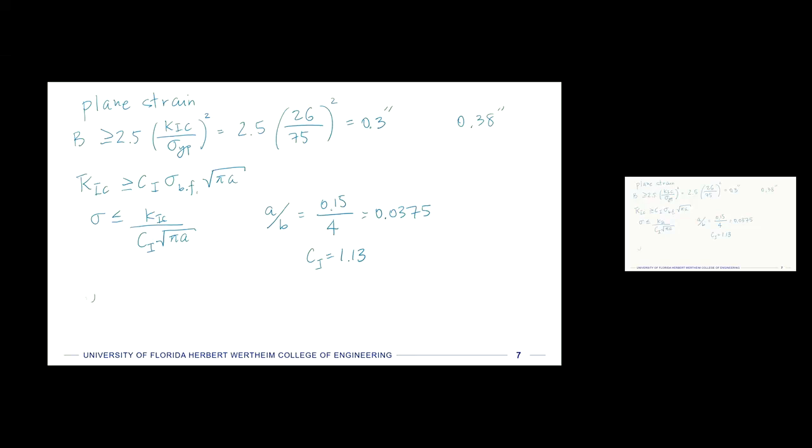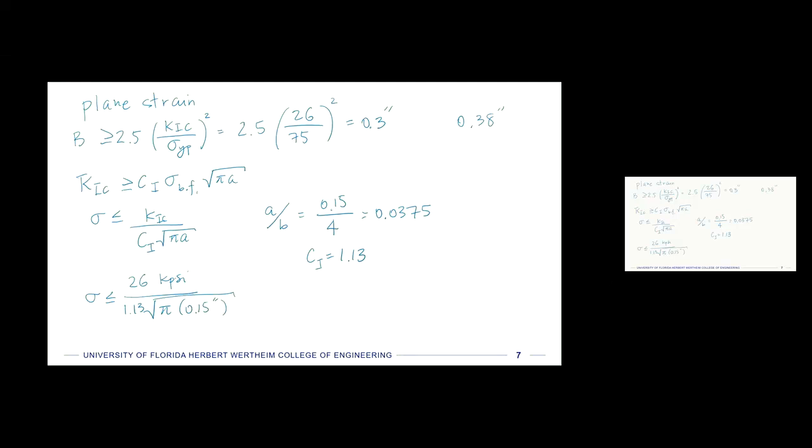So now for our stress, we can start plugging in the numbers. Our K1C was 26 kpsi square root inch. Our C1 is now 1.13, times square root of pi times crack length 0.15 inches.